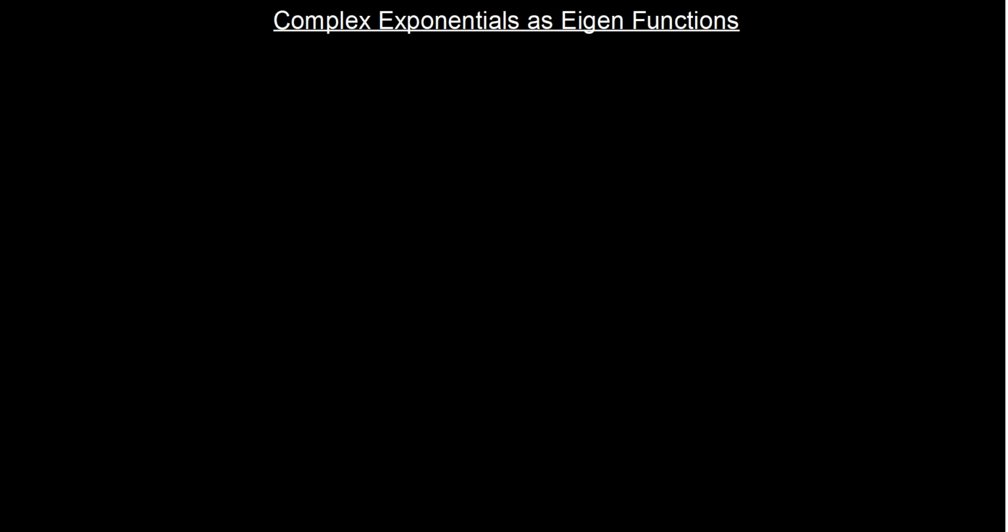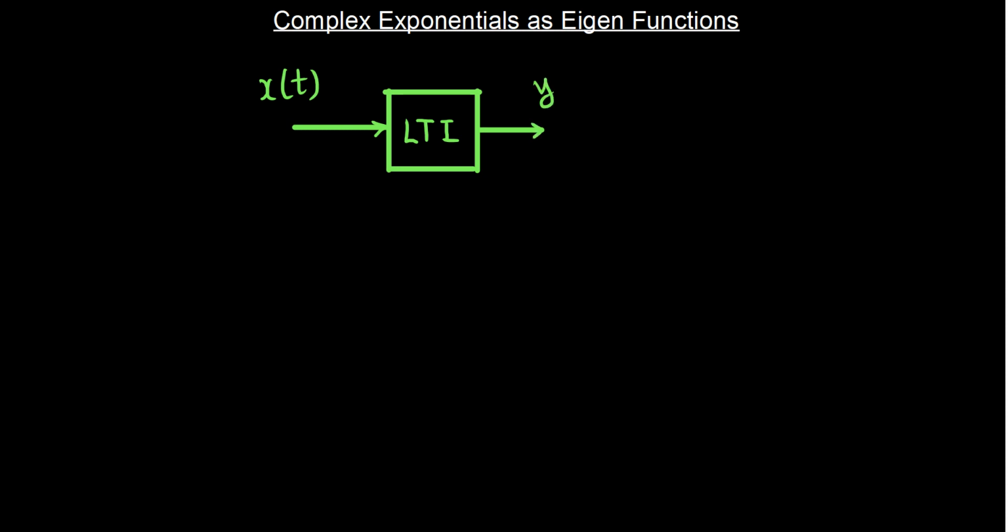So if you have a system that is linear as well as time invariant, that is LTI system, let this be the input, that is x of t, and the output, let it be y of t, and the system, let it be represented by h of t.